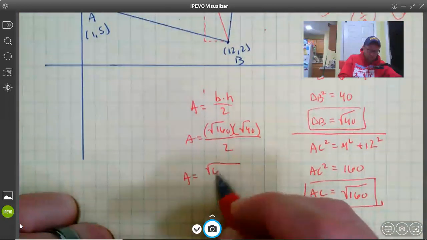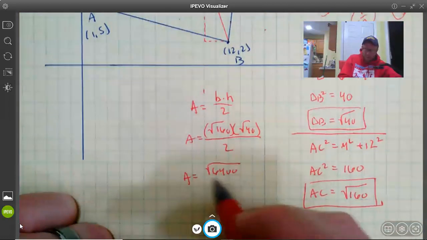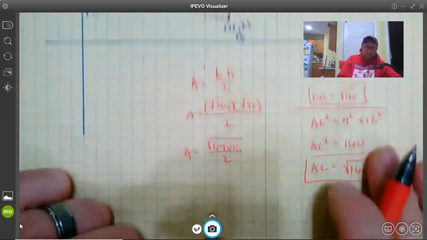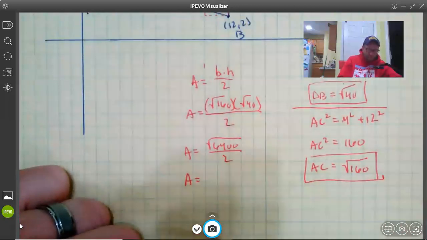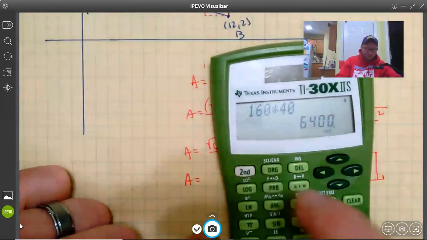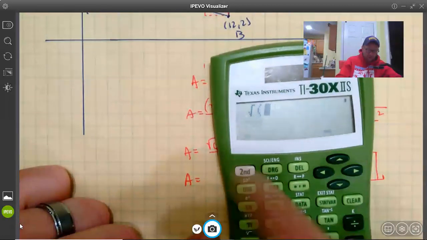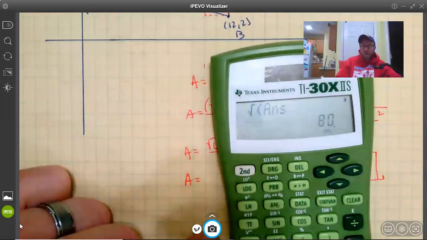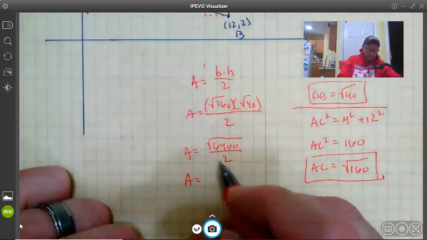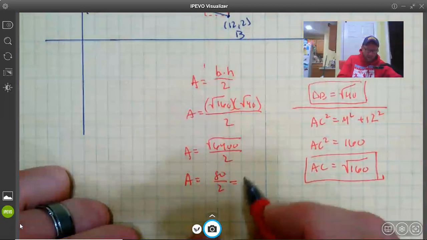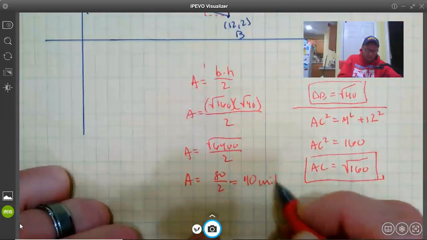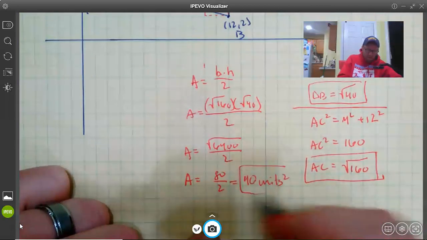So square root of 6,400 over 2. And it just turns out that 6,400 is 80 squared. So square root of 6,400 is 80, over 2 is 40 square units. Okay.